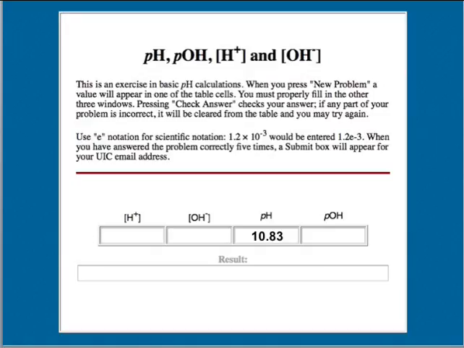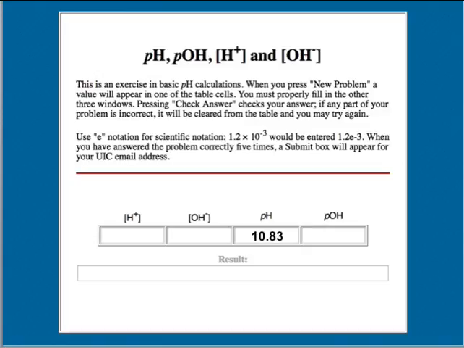All right, this is my favorite one. Here you're given a table, and you're given one value, and you have to come up with all the rest. So we're given a pH here. How do we get hydronium? 10 to the minus pH.